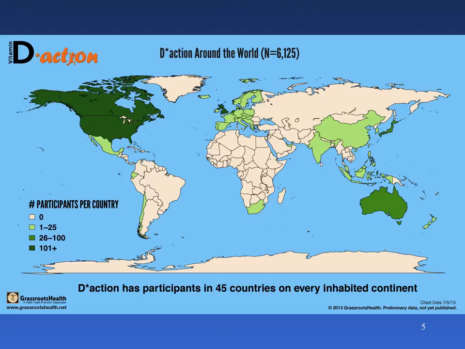And of the participants living outside of the United States, 46% live in Canada, 30% in Great Britain, 4% in Australia, 4% in Japan, and 16% live in other countries around the world.